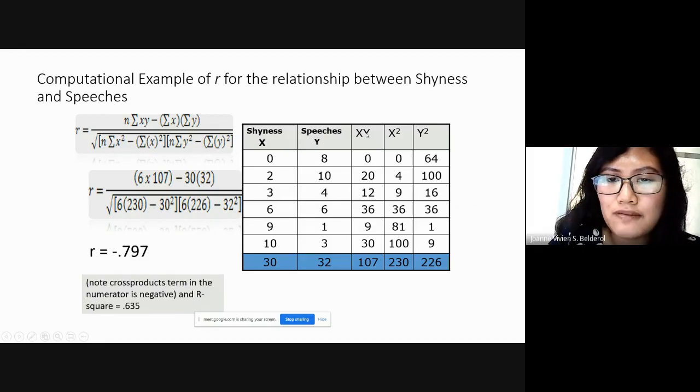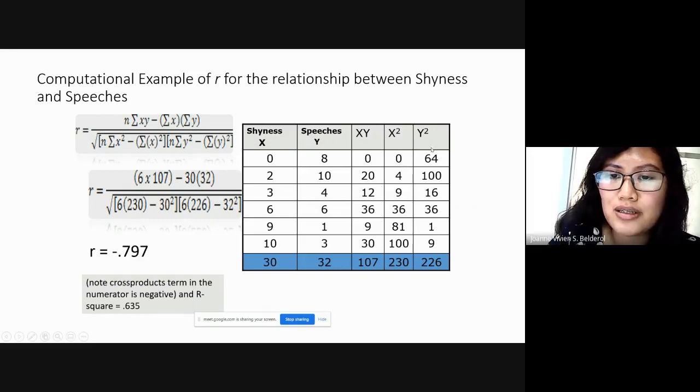After computing x times y, you compute x squared. So x times x: 0 times 0, 0; 2 times 2, 4; 3 times 3, 9; 6 times 6, 36; 9 times 9, 81; 10 times 10, 100.